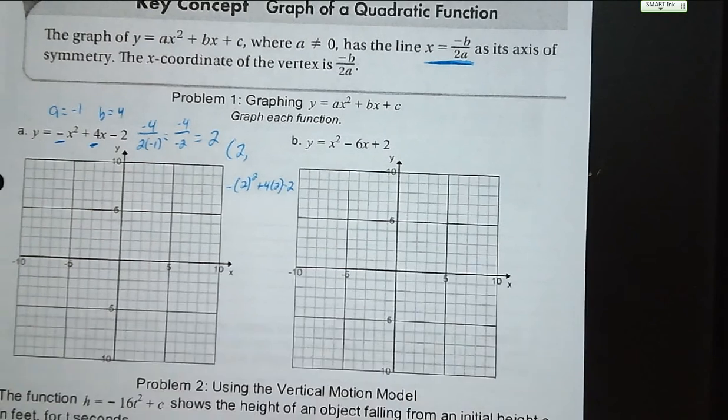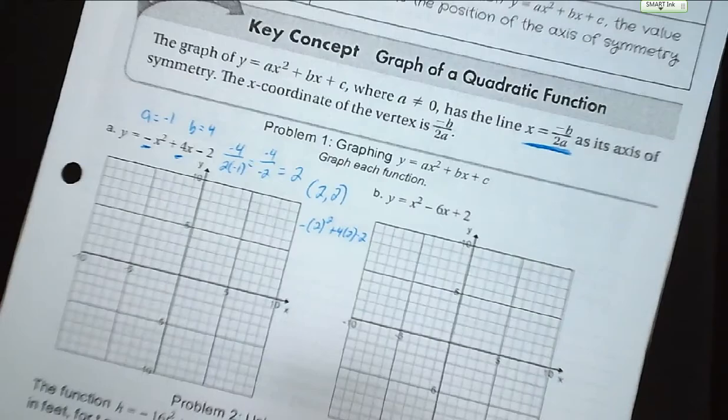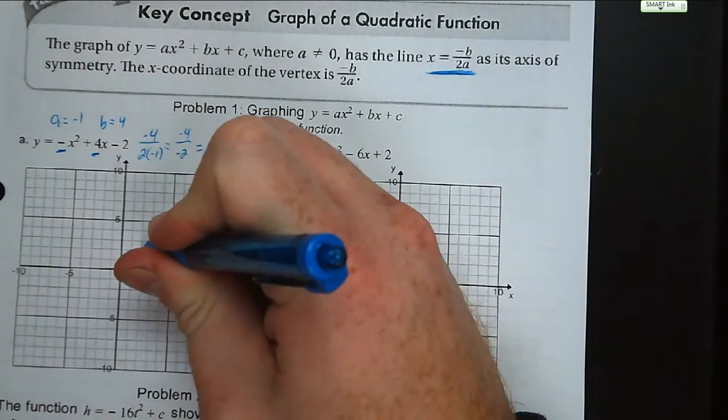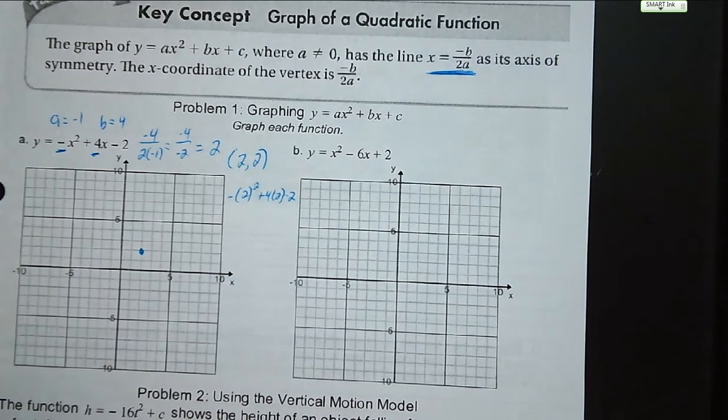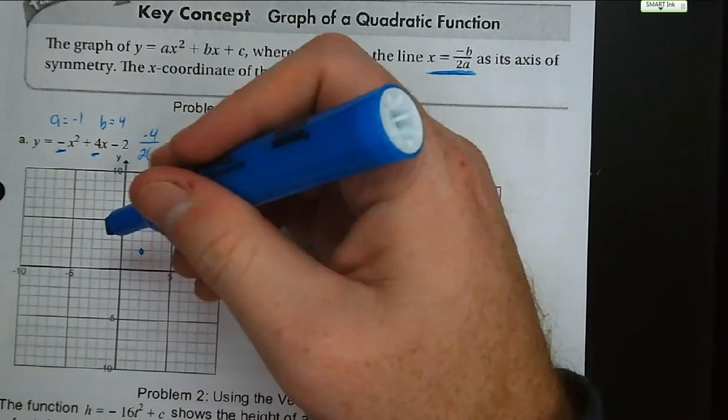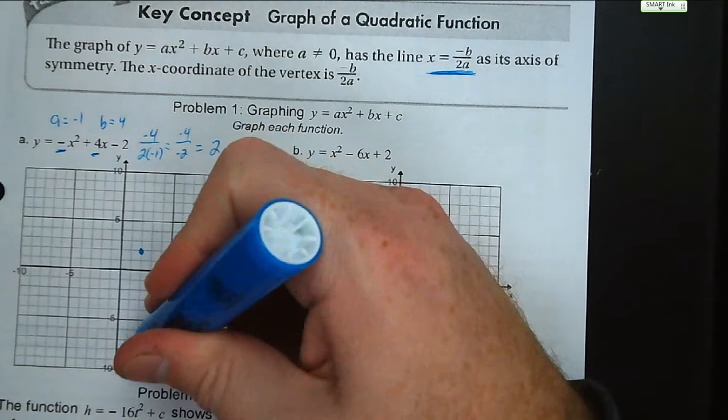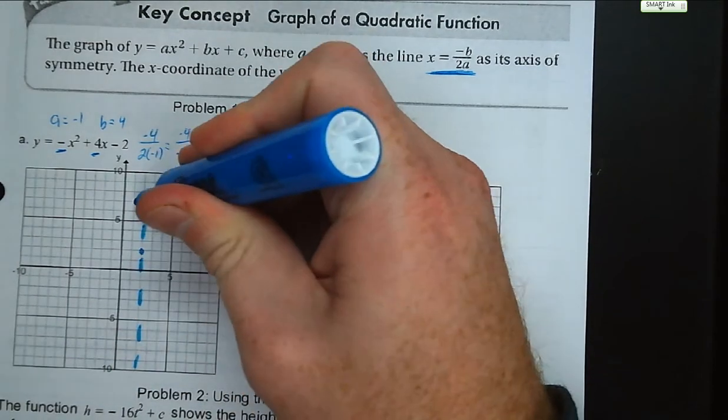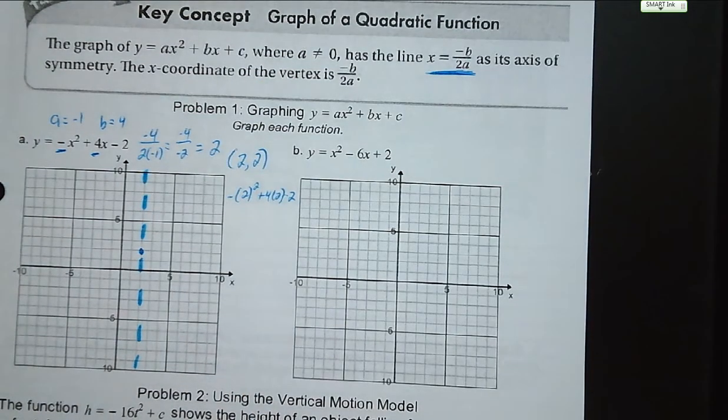So our vertex is at 2, 2. So I start by putting a point there, and I'm going to use my highlighter and identify where my axis of symmetry is going to be. My axis of symmetry runs through the x-coordinate of the vertex.